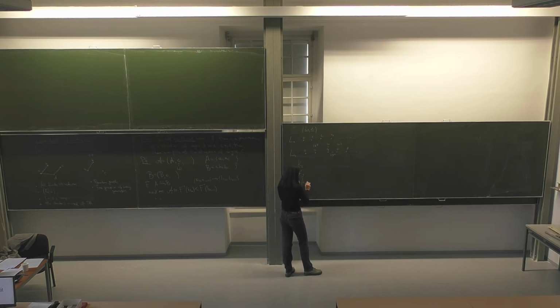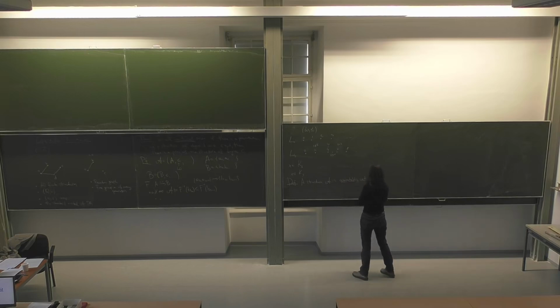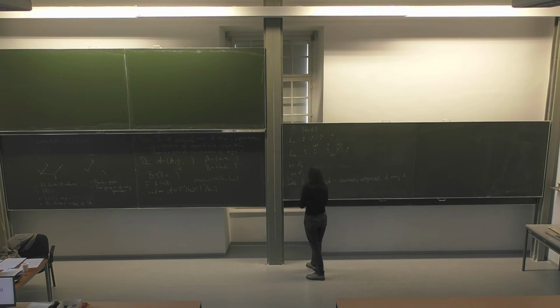So a structure A is computably categorical if every computable isomorphic copy is actually computably isomorphic.